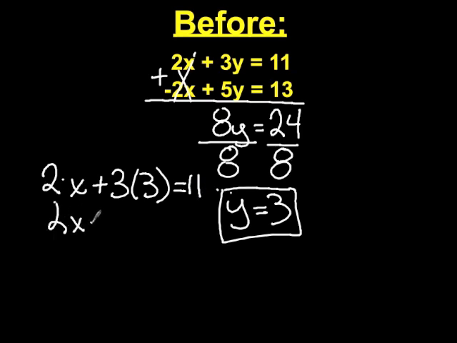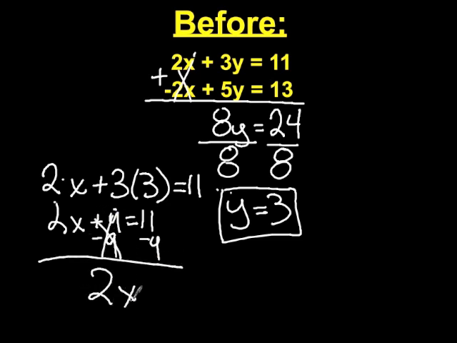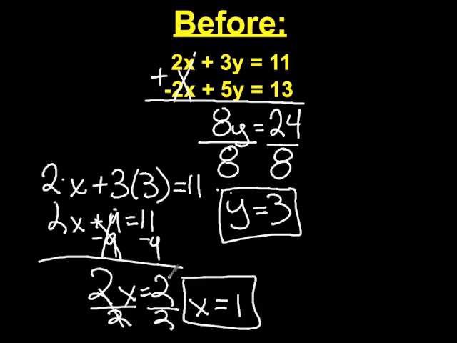That gives me 2x plus 9 equals 11. Subtract 9. We'd get 2x equals 2, or x equals 1, and we would have solved our linear system.